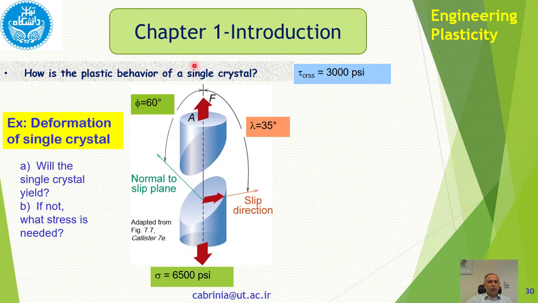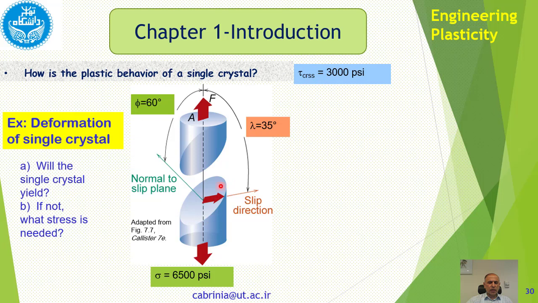For this condition, the problem has asked us, will the single crystal yield? We can use the Schmidt factor and Schmidt equation to calculate the yield stress. Now, how could we do this? We must have this number, critical resolved shear stress.